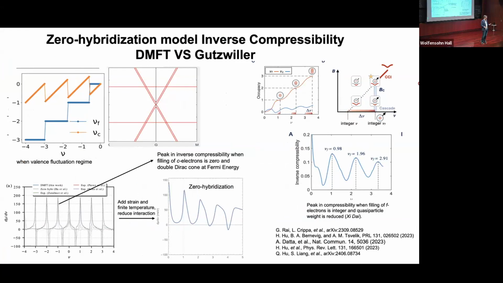Turns out that if you use them on this model, they don't agree. And one of them, which was thought to be the weaker one, the Gutzwiller approximation, agrees more with one experiment. They don't agree with Ben's experiment. They agree with one experiment, but the samples are different than the DMFT.